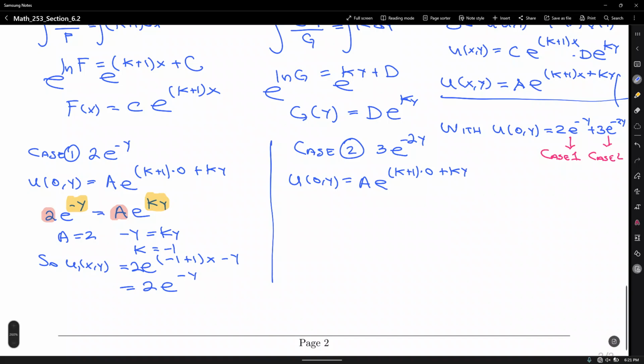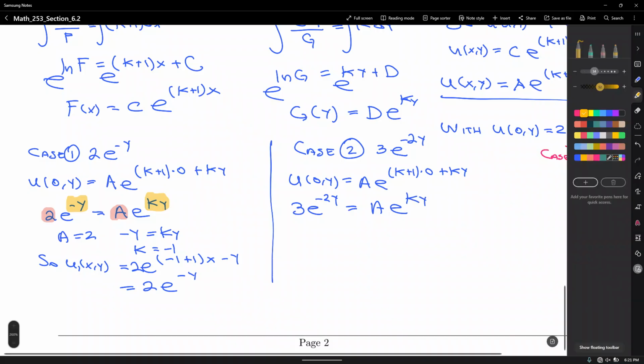What's u of 0, y? Isn't that equal to, in this case, 3 e to the negative 2y, equals a e to the 0 plus ky. That's simply ky, right?